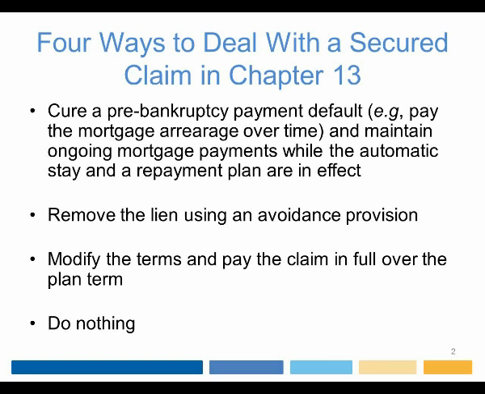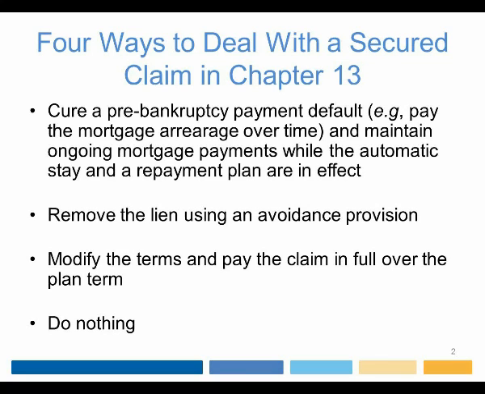The first thing, and this may be something you already covered a little bit, just so that we're all on the same page, is that there are really four primary ways that a consumer deals with a secured claim in a Chapter 13 bankruptcy.